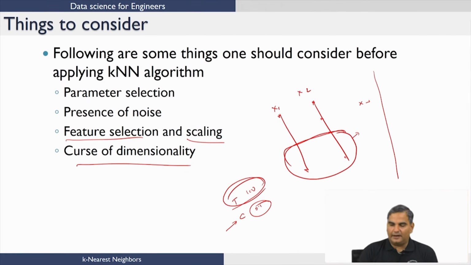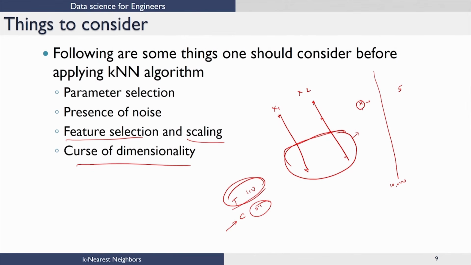That can become a serious problem if the number of data points in my database is very large. Let us say I have 10,000 data points, and a k nearest neighbor algorithm with k equal to 5. Really what I am looking for is the 5 closest data points from this database to this data point.